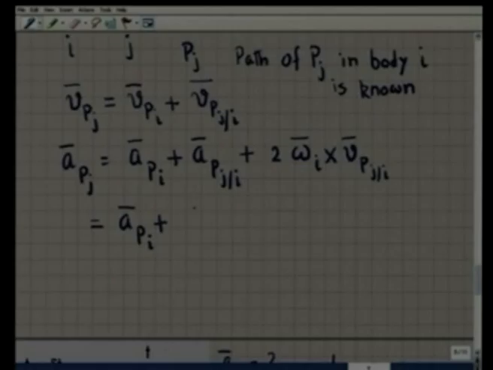The normal component I write APJI, say the normal component n, plus acceleration pji, the tangential component which is tangent to the path and normal component is normal to the path, plus a Coriolis, which I write twice omega I cross v p j I.